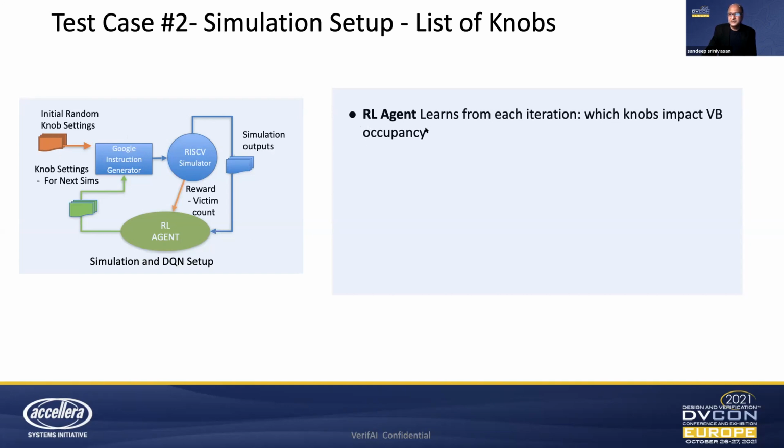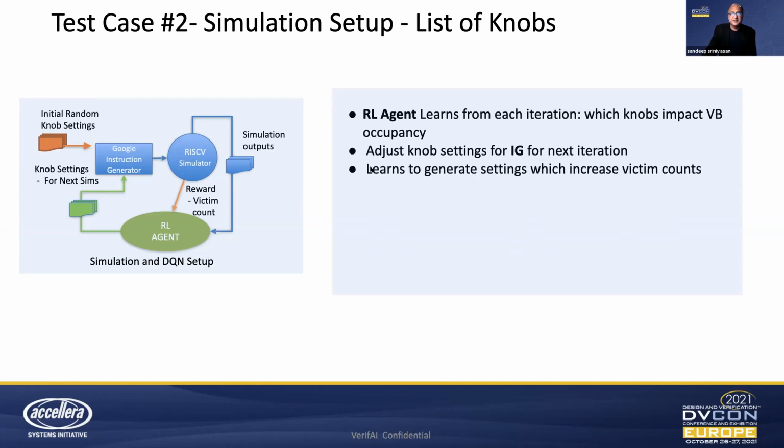So the RL agent learns from each iteration which knobs impact the victim buffer occupancy. Then the RL agent produces knob settings for the next simulation run and feeds that into the Google instruction generator. Eventually it learns how to generate the settings which increase the victim buffer count, which is our reward function.